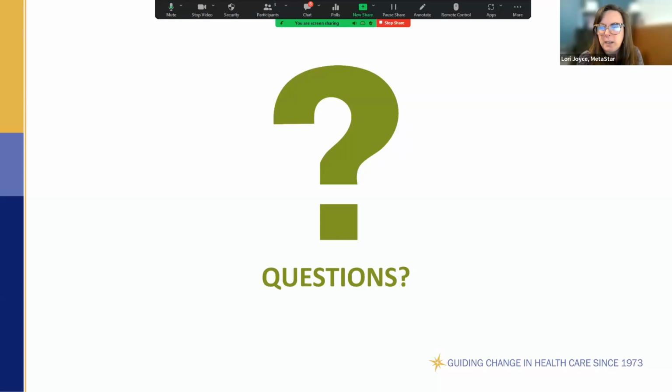So that's one example. The other piece is that maybe it's in stages, starting small. Most portals will automatically show upcoming appointments and the notes, the after visit summaries.